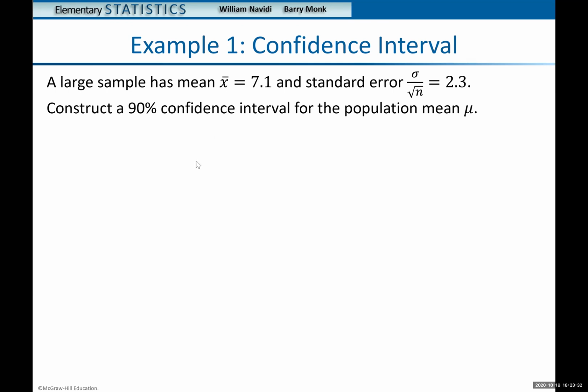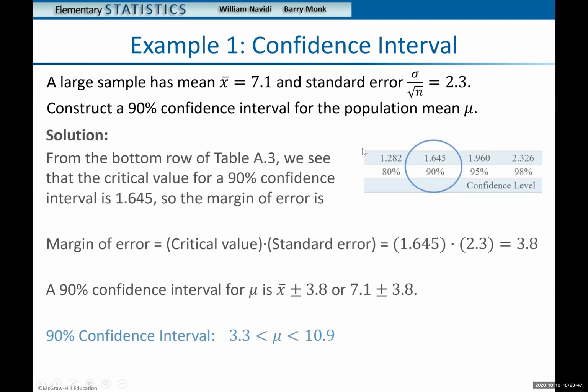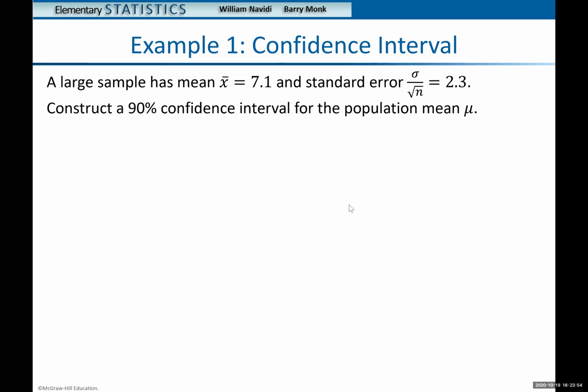So mean 7.1, which is your point estimate, and the standard error 2.3, and construct a 90% confidence interval.